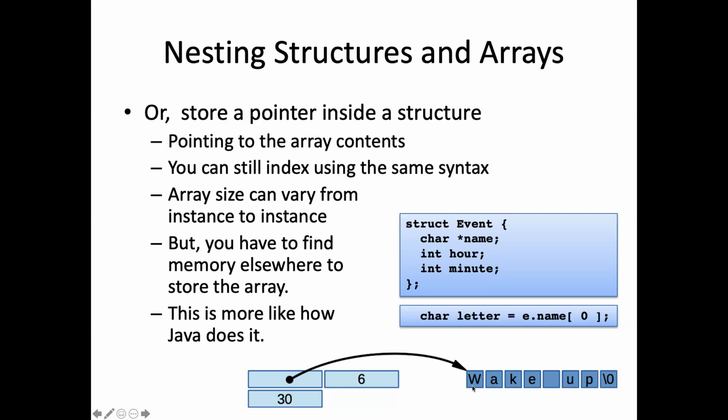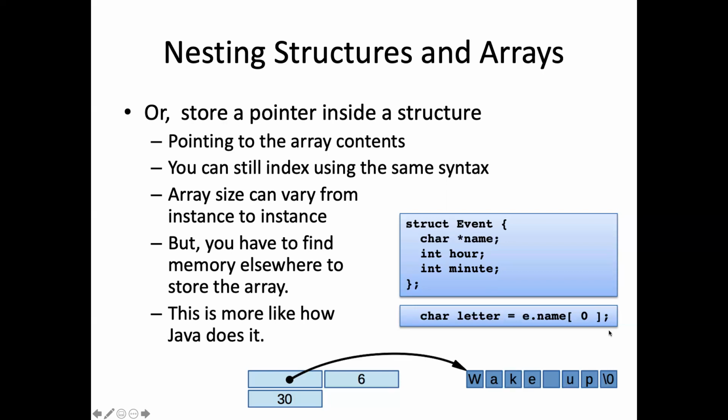You could do that with malloc. You could use a literal string, whatever you need to, but declared like this is more like how Java does it. Name is a pointer to an array that could be allocated somewhere else. If you wanted to get to that name field, and you had an event E, and let's say E wasn't a pointer, it was a value of type event, then E.name would get you to that pointer.